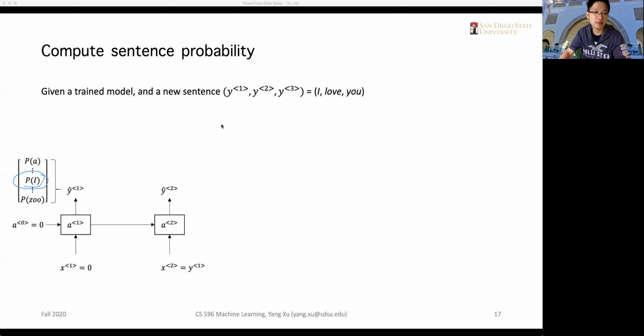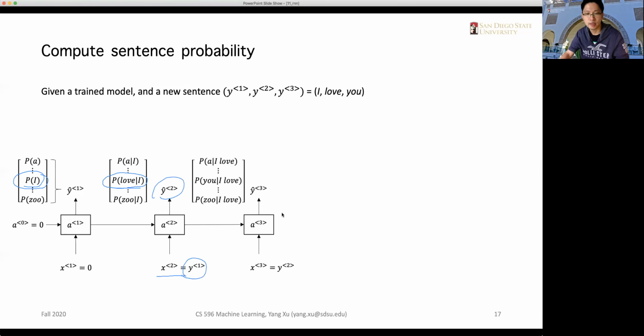okay? And in the next time step, we use the first word I as input because we want to predict the second word. So this y hat 2 also contains probabilities of all the words in the vocabulary given the context word I. Within it we can find the probability of love given I. And the third step is to find the probability of the third word given the first words I and love, right?